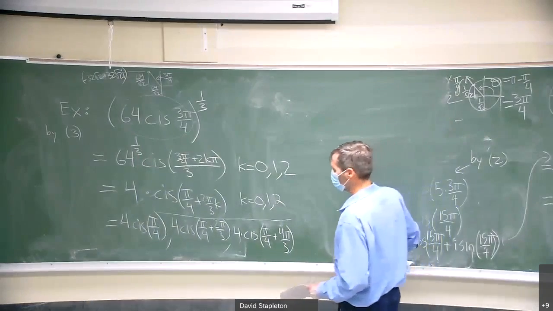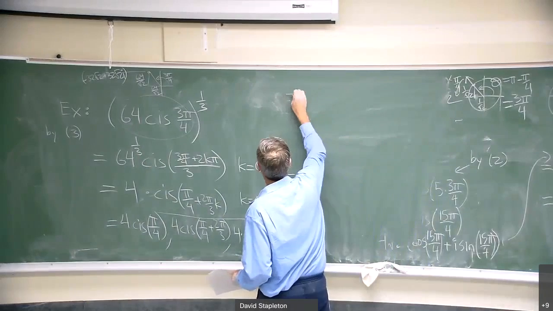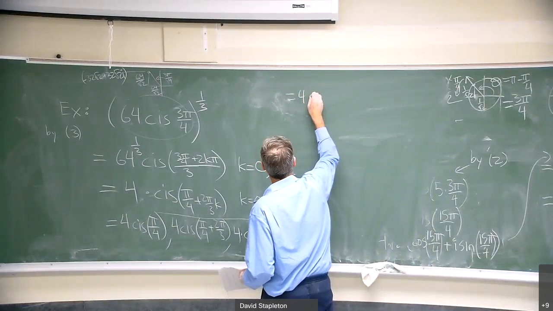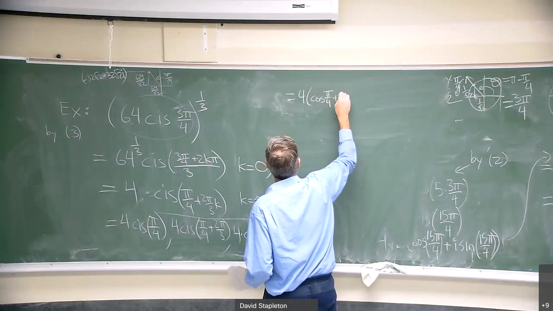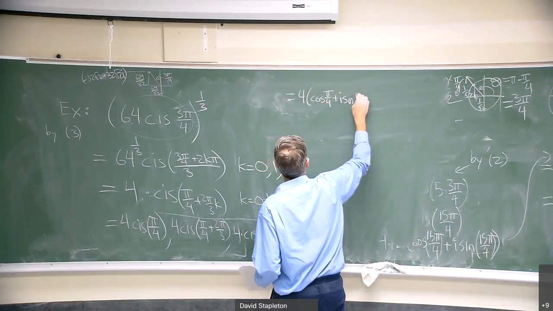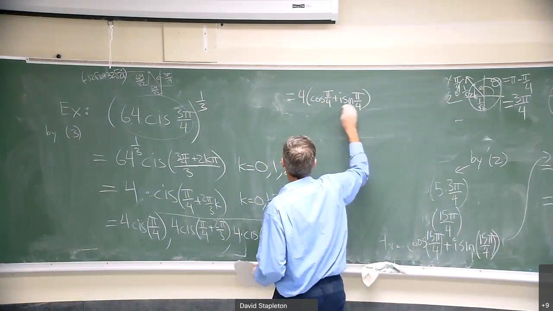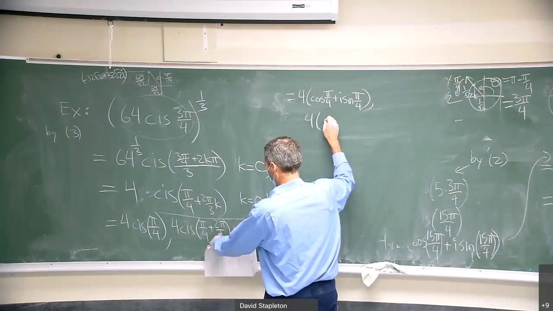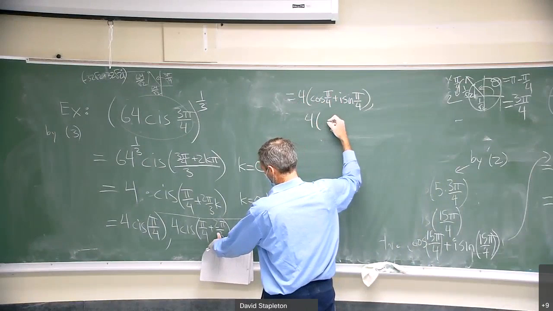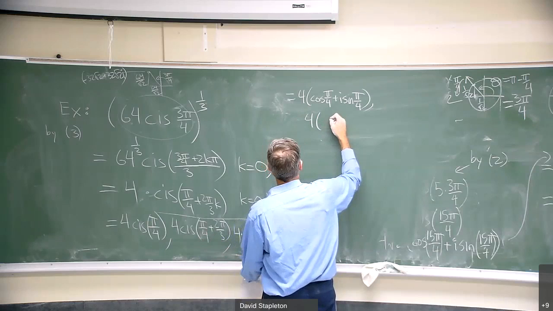So in polar form, the three roots are 4 times cosine pi over 4 plus i sine pi over 4, or you use the shorter notation, I don't care. Then this is 8 pi over 12 plus 3 pi over 12, which is 11 pi over 12.